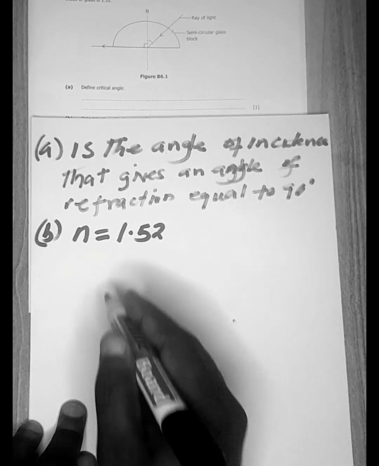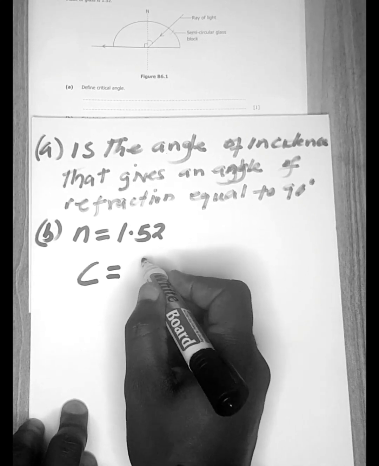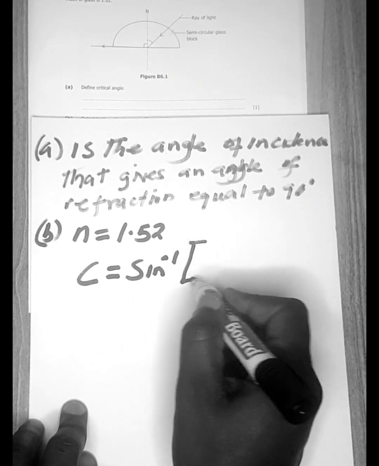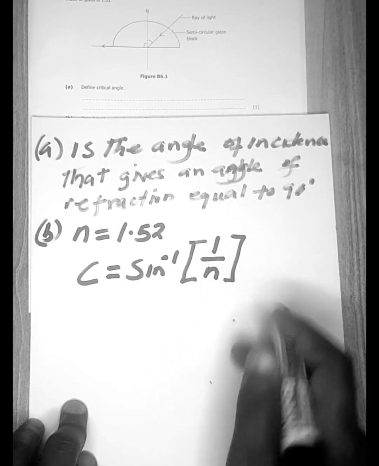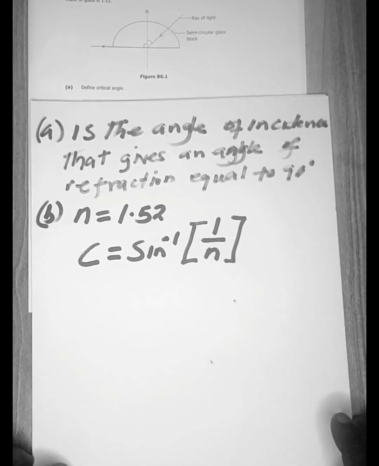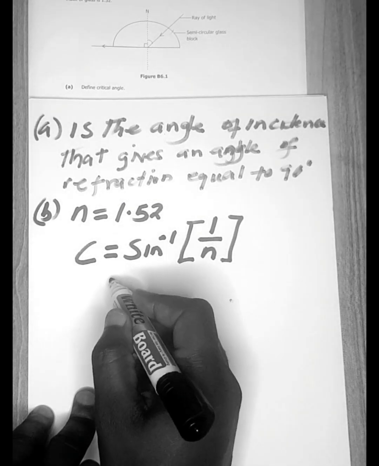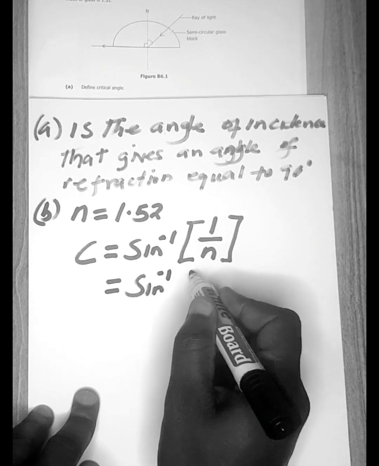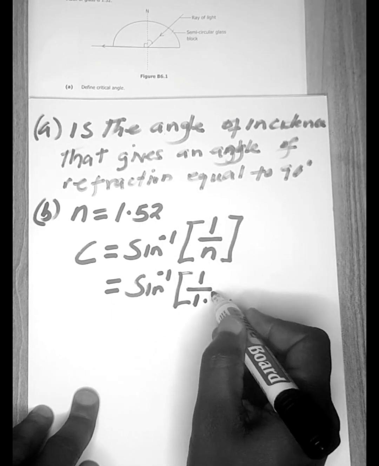So therefore we can say critical angle is equal to sine inverse of 1 divided by n, where n is the refractive index. So where there is n, we substitute with the refractive index of the glass. So sine inverse of 1 divided by 1.52.